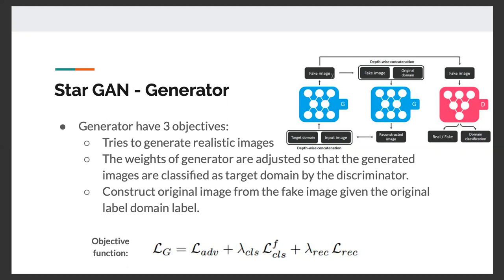So there is a reconstruction loss, which is to say, if we are given the fake image who is likely to be 20 years old, and we have the original domain who is 10 years old, the generator should be able to give us our reconstructed image who is a 10-year-old boy, and it should be just the same as the input image. So again, there is a reconstruction loss between the reconstructed image and the original input image. This is something very similar to the consistency loss we have introduced just now.